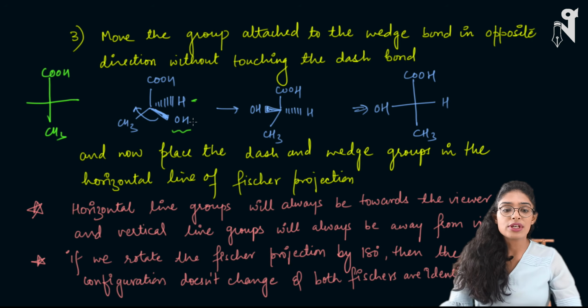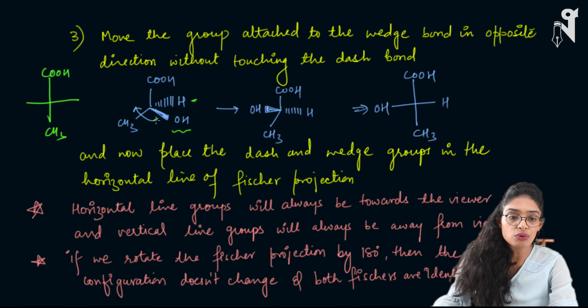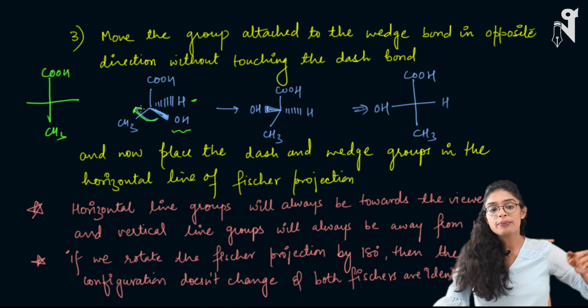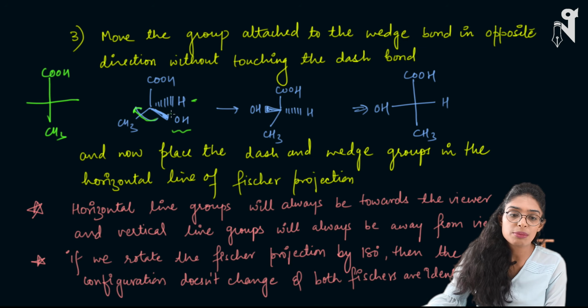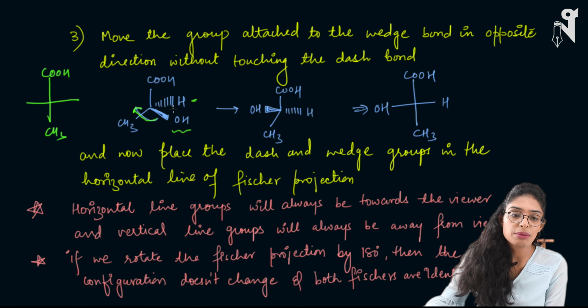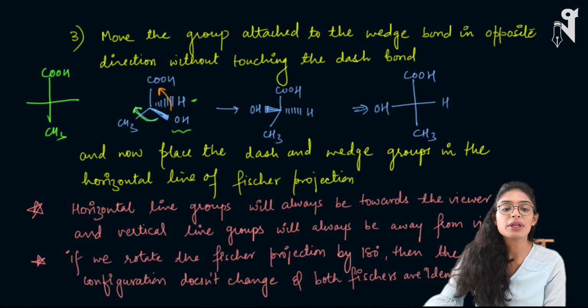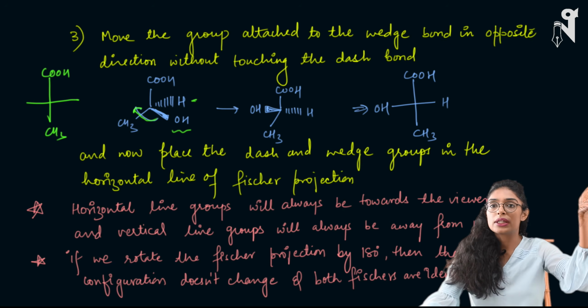So what we do is we just move the OH a bit. If you can see over here, we have shifted the OH a bit and moved it in the opposite direction. We will never cross hydrogen. OH can be moved this side, or OH can be moved the other side, but we will never cross the dash line and put the OH on the other side.